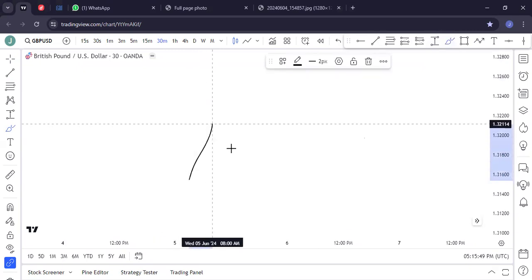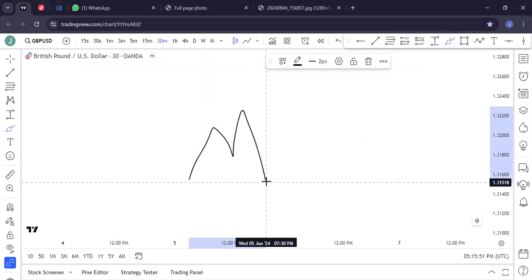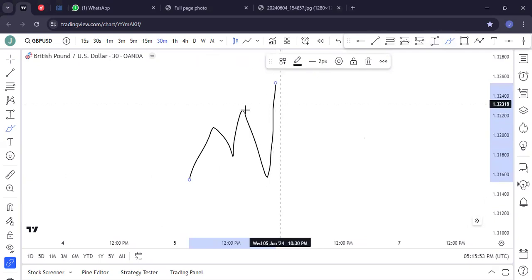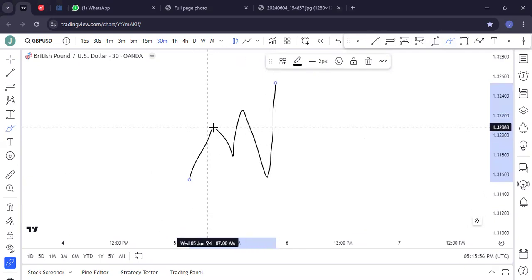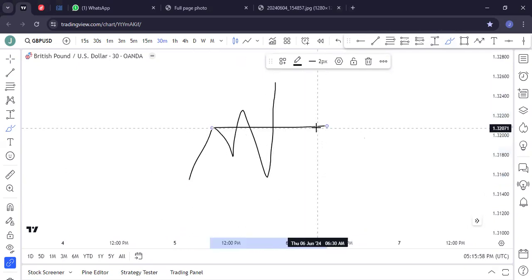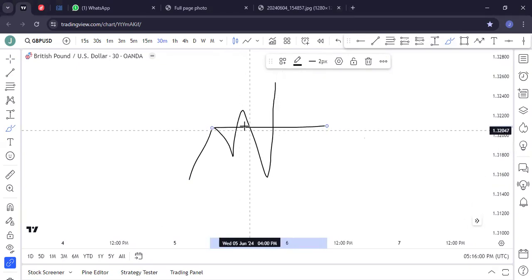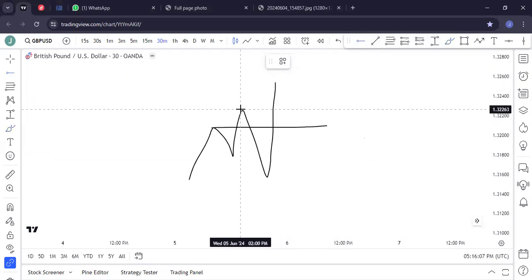The market breaks the structure, then changes the character, then the market fails to respect this liquidity engineering here. The only way you can enter this failed liquidity engineering is when the market closes this point here.